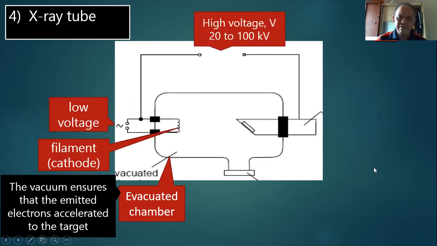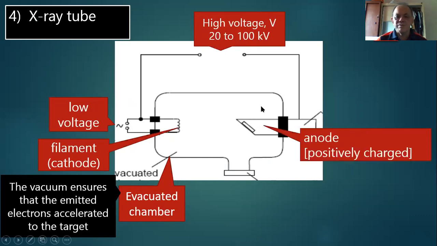And then the high voltage or operating voltage, right? Connect your cathode, and that's your anode there. The voltage used can be 20 to 100 kilovolt. There's your anode. Positively charged. It's a positively charged, cathode, negatively charged.